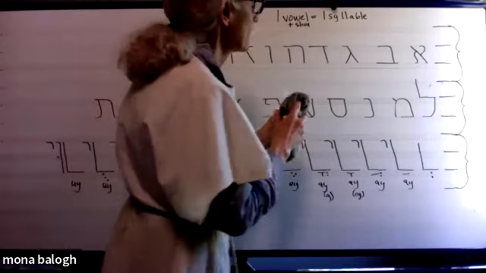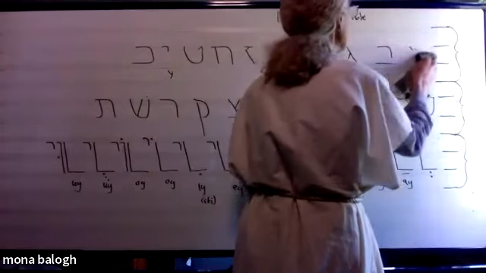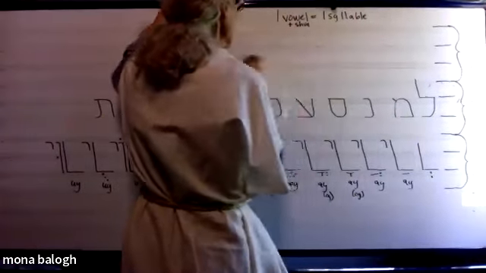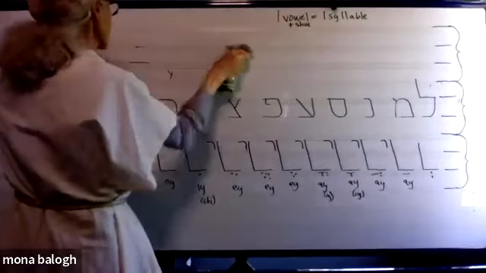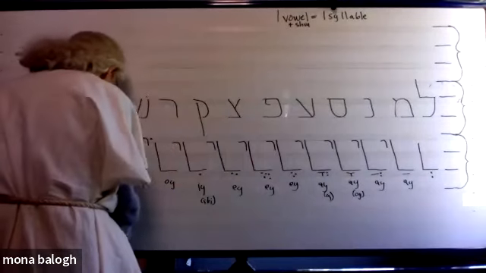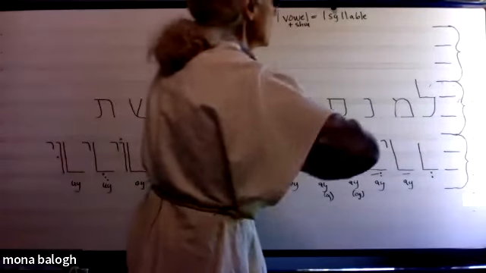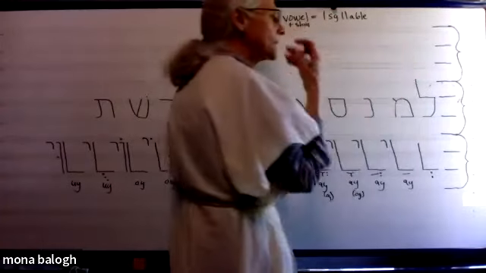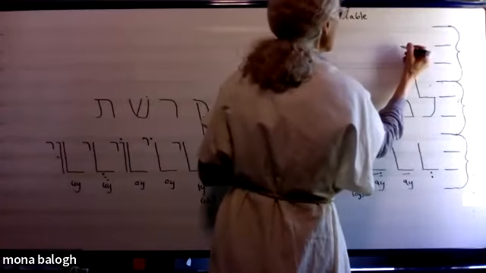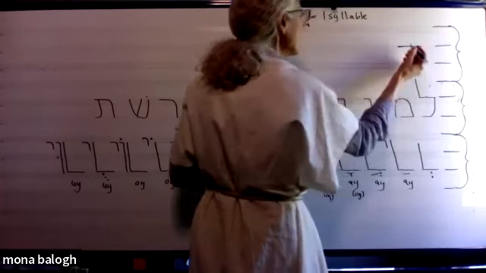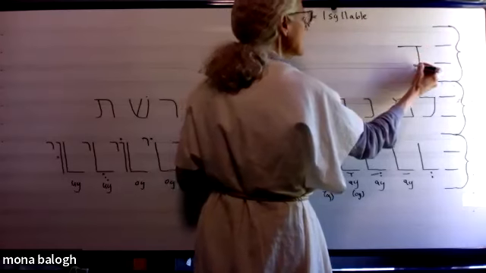I'm just going to make a few syllables here and show you some real Hebrew words. A word that you might hear a lot is daber. Daber means to speak. So you've got the dalet. And what do you think the ah sound is?